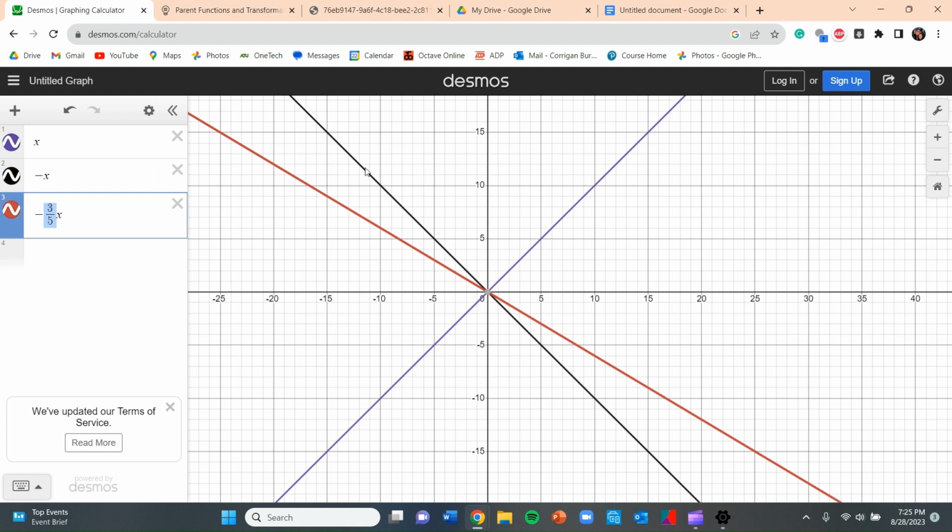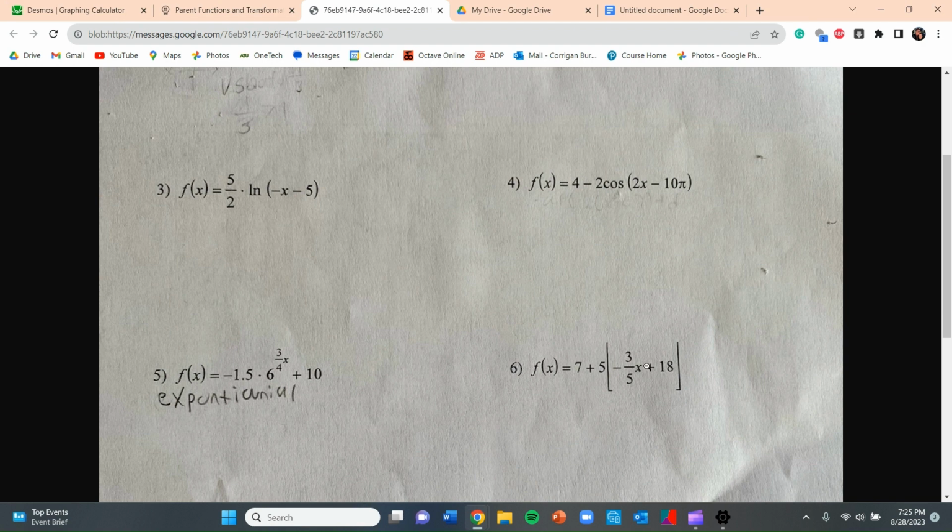And 5 over 3 is less than 1, so we expect it to shrink, actually. So we could call this a shrink or a compression in the vertical direction by a factor of 5 over 3.